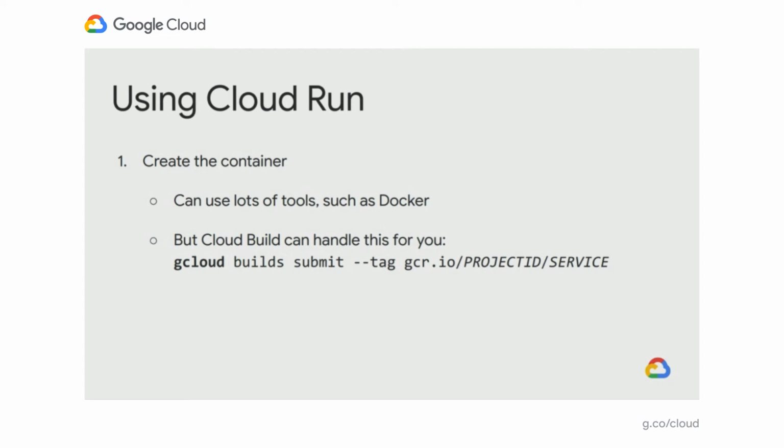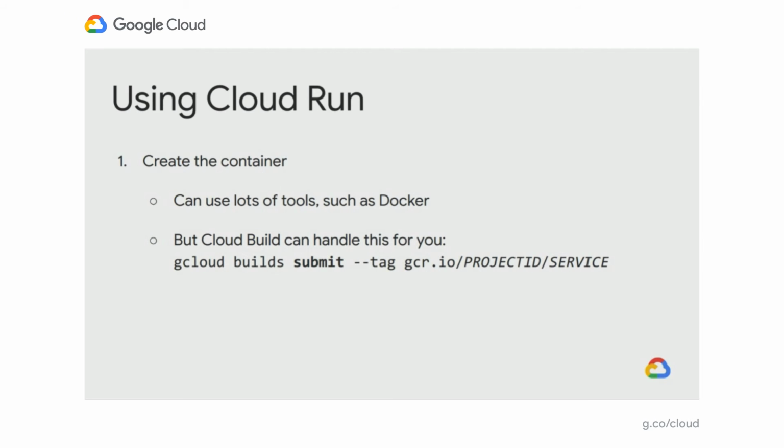So we can run the gcloud command, and we want to run Cloud Build. The subcommand for that is builds, builds. And what it's going to do is create a container using the specification in the environment. We can specify it a lot of different ways. By default, it's going to look for a Dockerfile in the current directory and use that. After it's done, we want it to submit that container somewhere so it's ready for us to pass on to Cloud Run.